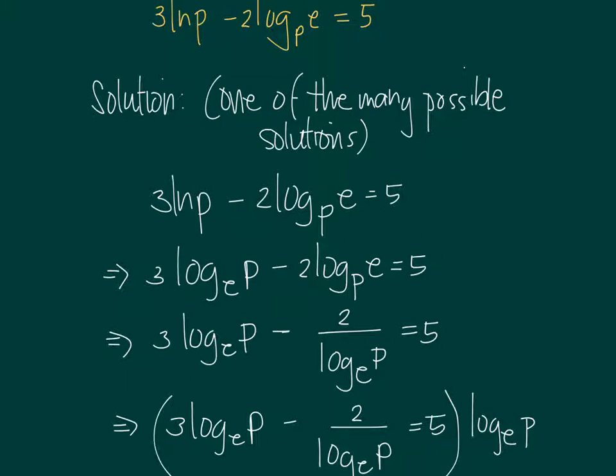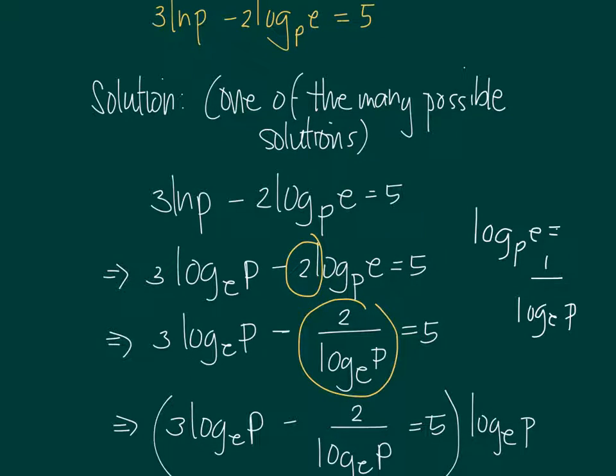Look at how the base was transformed to e. It's like you're interchanging p and e. Note how this became a fraction. Just some note, log base p of e is the same as 1 over log base e of p, when you interchange e and p. Since there is a 2 here, you have 2 over log base e of p, then equals 5.